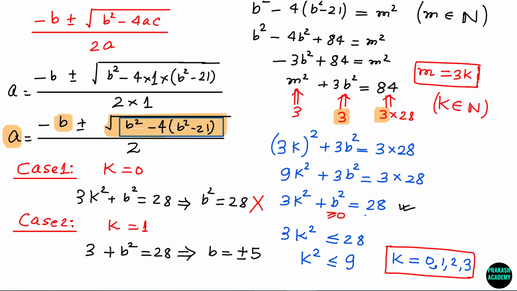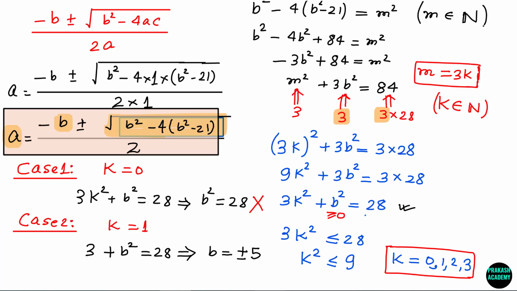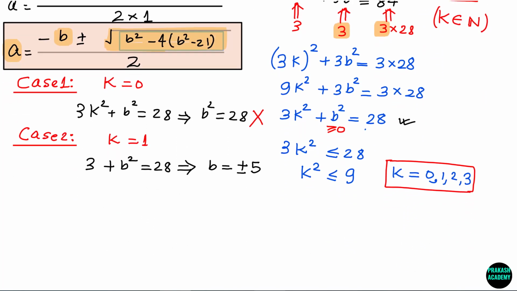And once you know the value of b, you can calculate the value of a using this equation. So let us use this to calculate the value of a. So in this case a is equal to minus b, and you can consider two cases, when b is equal to 5 and when b is equal to minus 5.